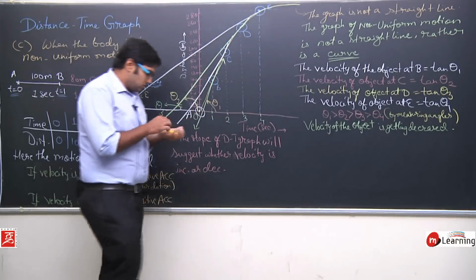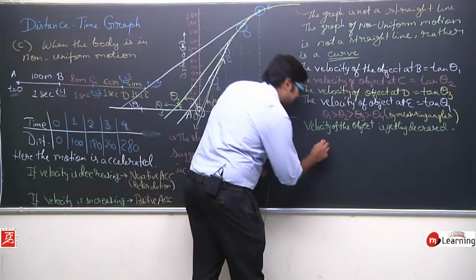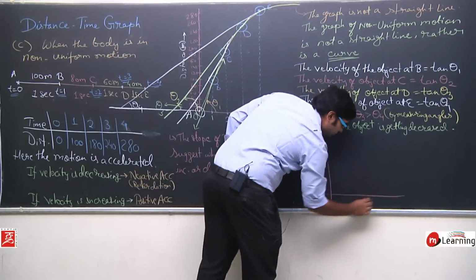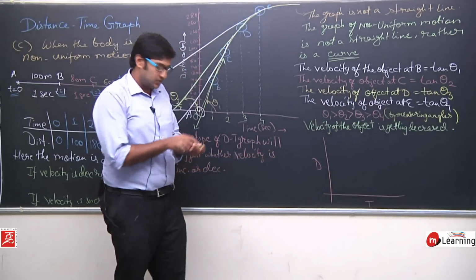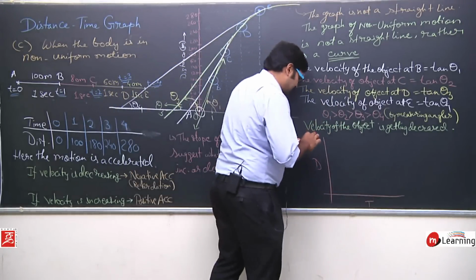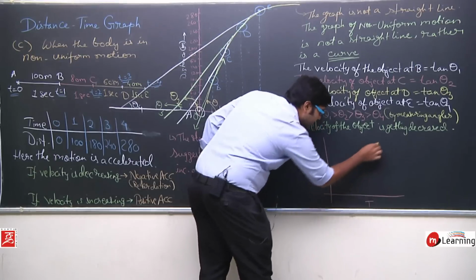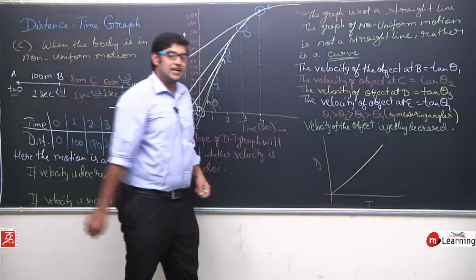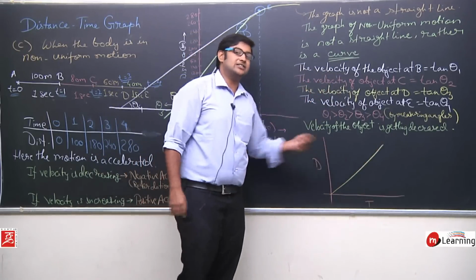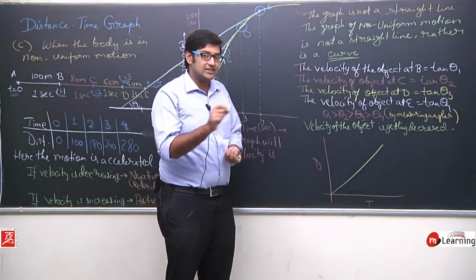Okay, so you will find a very interesting concept. When you draw a distance time graph, for example this is the distance time graph, and your graph is something like this, okay, you will say this is a straight line. So when you have a straight line in a distance time graph, the acceleration is 0.